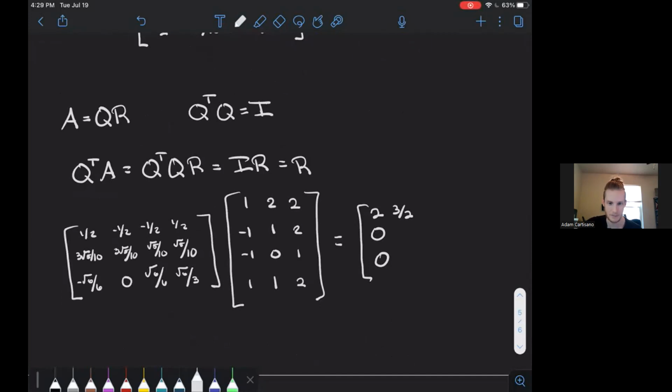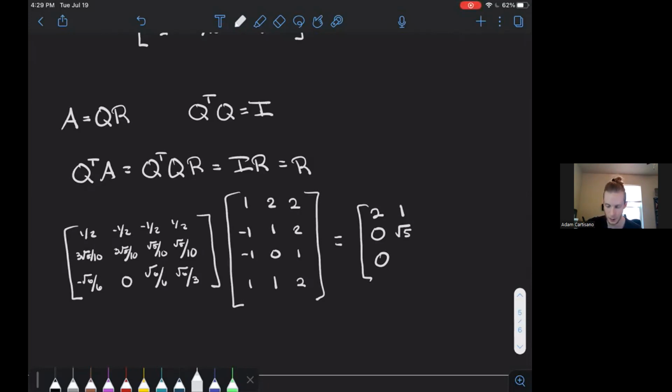However, this 3/2 is probably wrong. Instead of 3/2, it should have been 1 minus 1/2 plus 1/2, so just 1. Great, that's way better. Also, 9 root 5 over 10 plus 1 root 5 over 10 is 10 root 5 over 10, which is just root 5. That's way better.